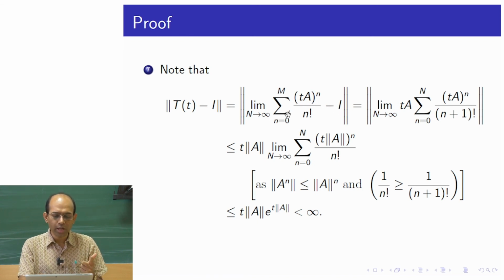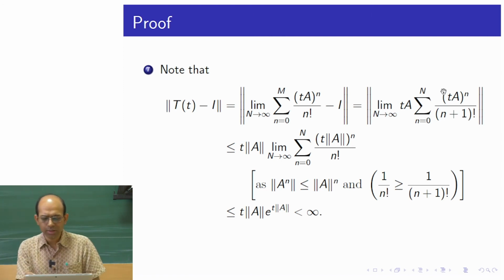What I am left with is the sum from small n equal to 1 to capital N, where we always have tA and (tA) squared, etc. So I can take tA common, and then what remains is (tA) to the power of small n divided by (n+1) factorial. I could have written n minus 1 here, but then I should have written n equal to 1 to capital N. I would like to substitute so that I get (n+1) factorial, with small n equal to 0 to capital N.